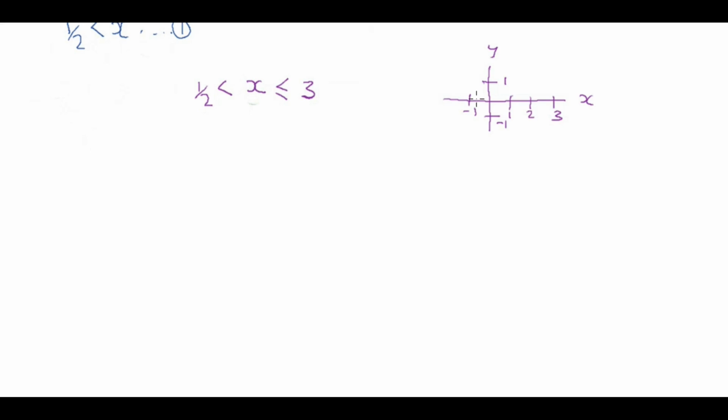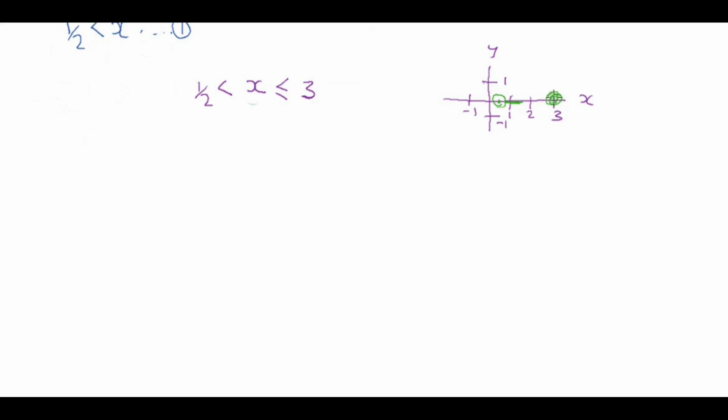Let's say a half is here. So we are being told x is greater than a half, so it's towards the positive side. But x is less than or equal to 3. 3 is here. So I've been told x is less than or equal to 3.